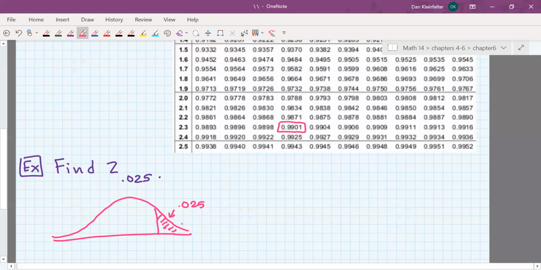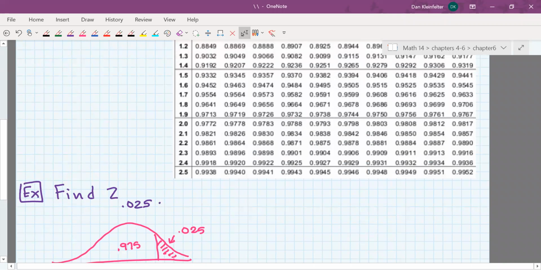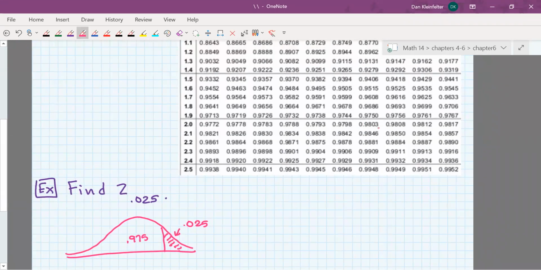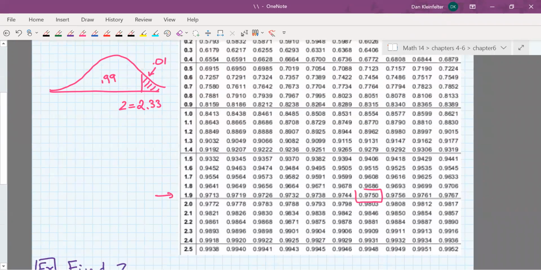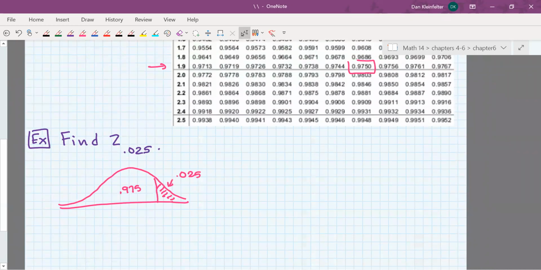Again, if we want 0.025 to the right, then we need 0.975 to the left, because the area under the whole curve has to add up to 1. Looking in the body of the table for 0.975, it will be 1.96. So Z 0.025 is 1.96.